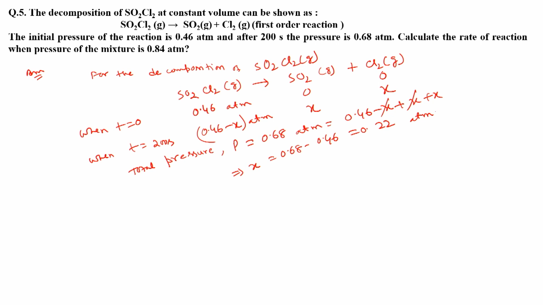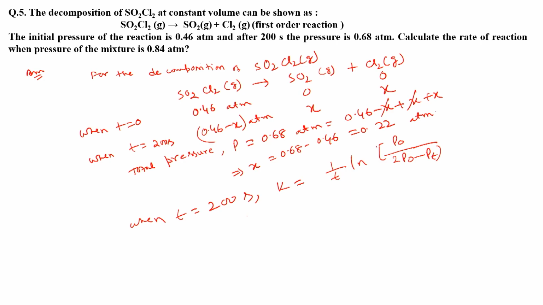So basically what we need to get is, at time t, when t is 200 second, we write k, the rate constant, is 1 by t ln P naught by twice P naught minus Pt.